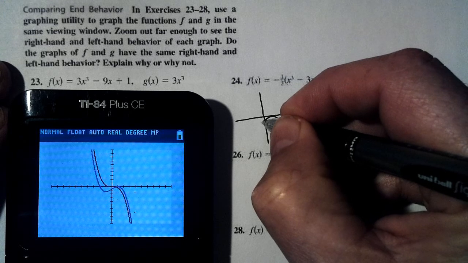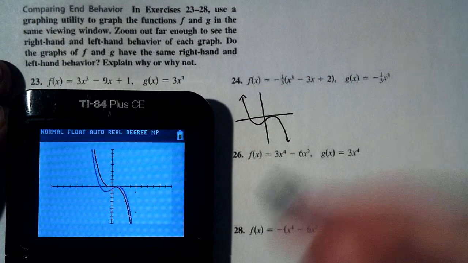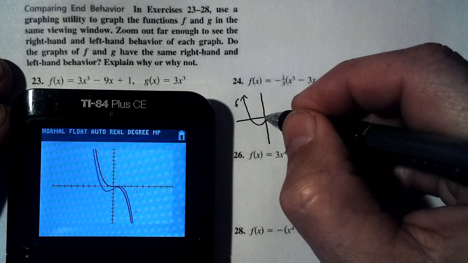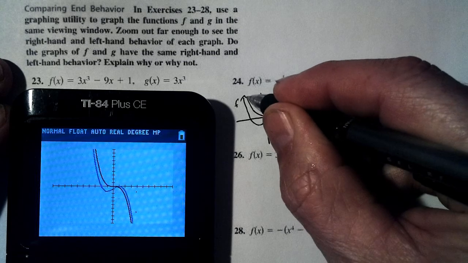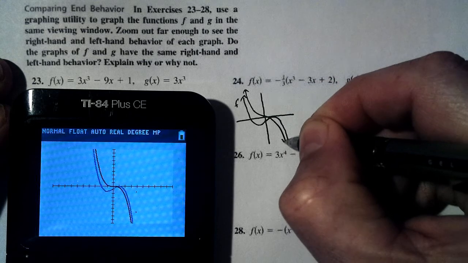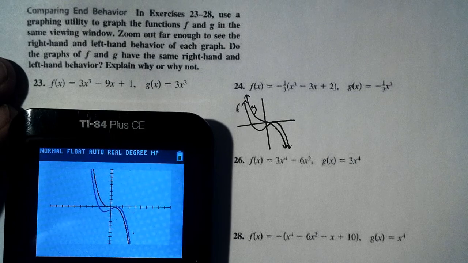It goes down, bottoms out over here. And I guess I can call that one F. And then G just looks more like this, and it runs inside over here. So there's G. And so we've got it.